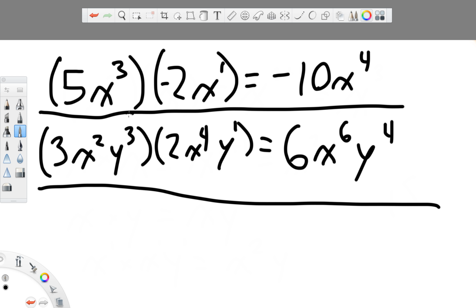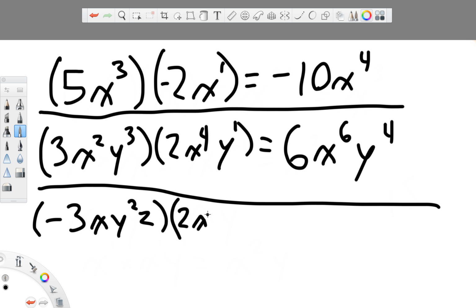Now we'll try an even longer one. So let's do negative 3x y squared z multiplied by 2x squared y multiplied by 4y squared z to the power 3.